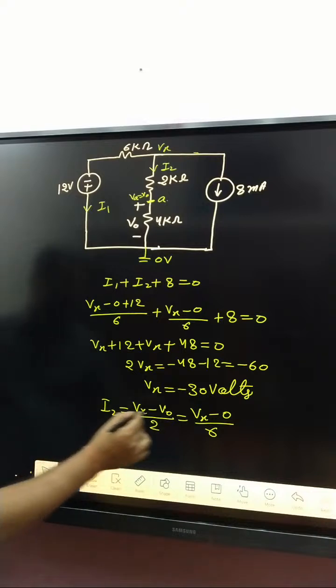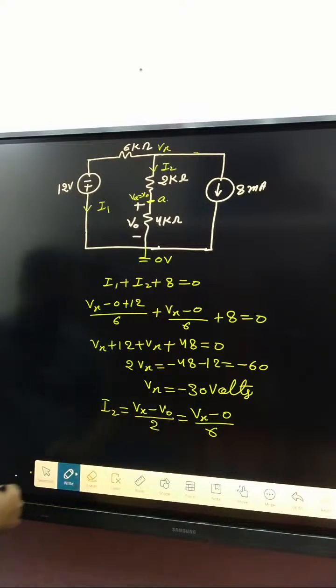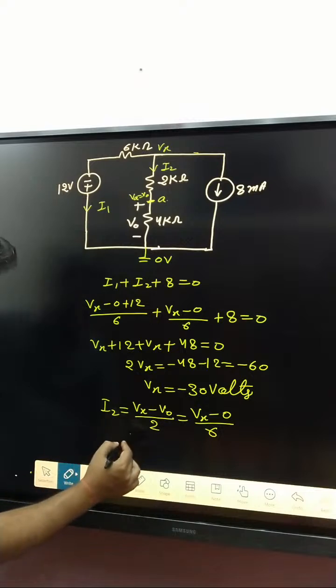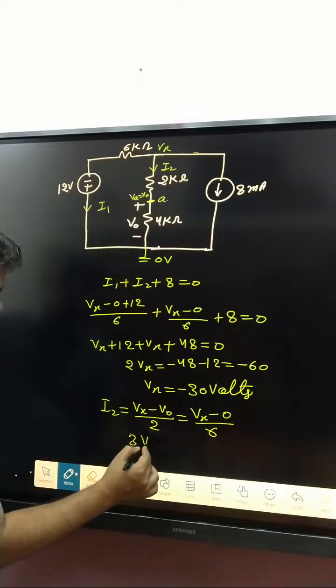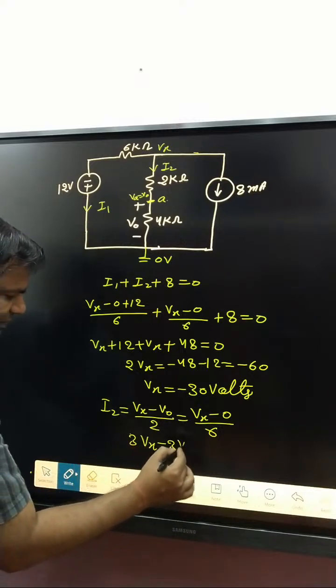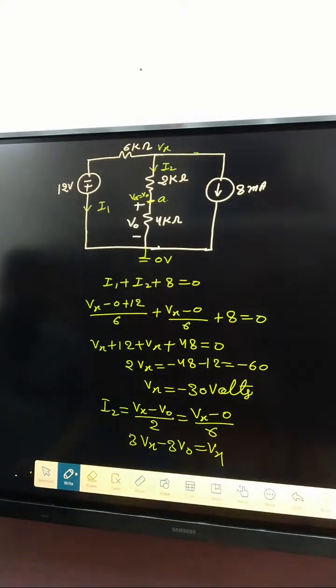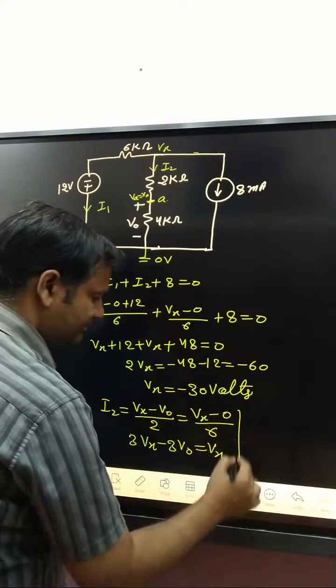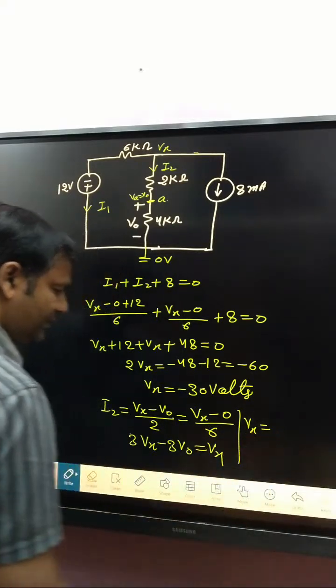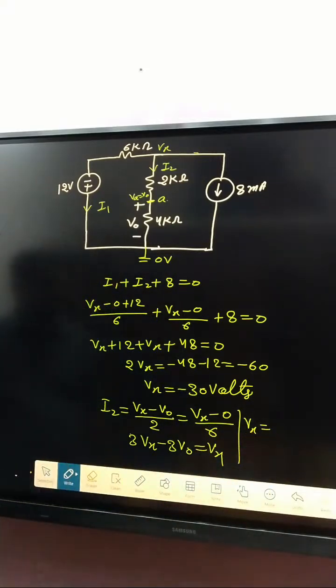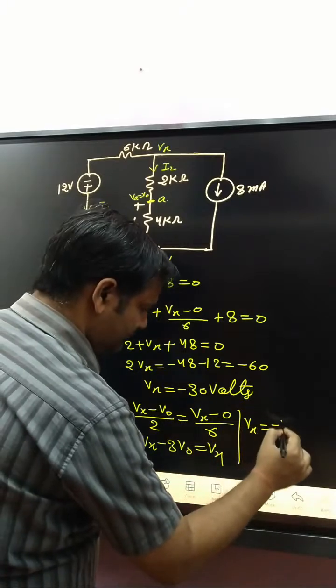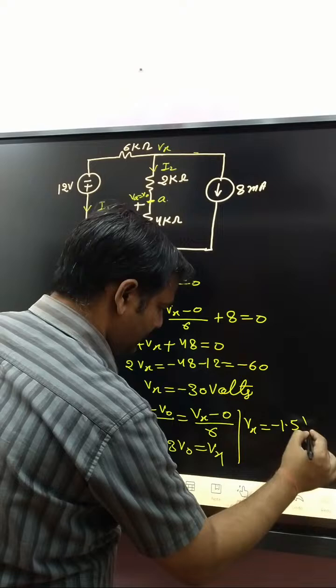Our motto is to determine V0. So after that, solve this one. 6 basically 3 into Vx minus 3 V0 is equal to Vx. So we got Vx is minus 3 by 2, that is minus 1.5 into V0.